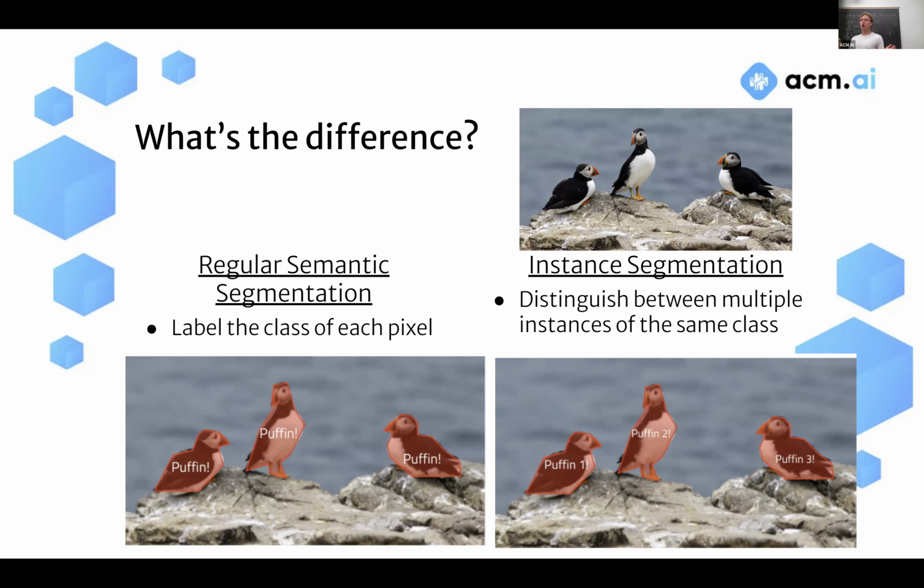Regular is just saying, oh yeah, this is also this, so on and so forth. But instance segmentation also distinguishes between multiple instances of the same class. So here we have puffin 1, 2, and 3, even though in regular semantic segmentation, they're all puffins.